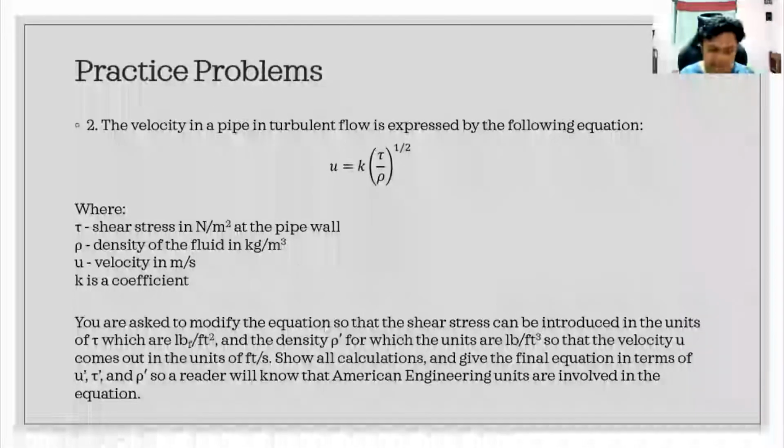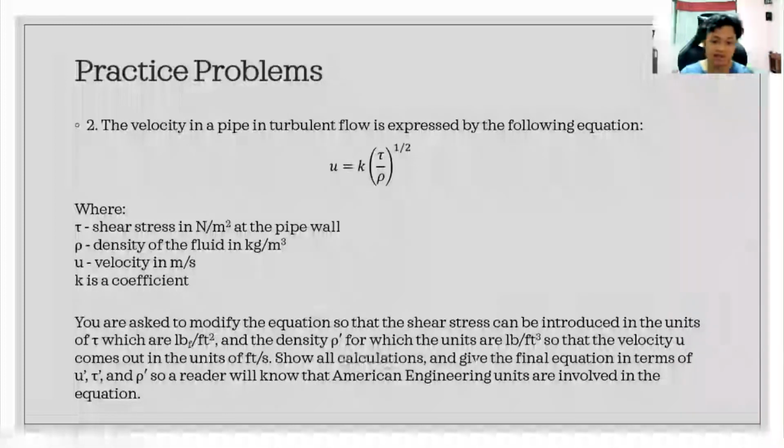the density rho prime, for which the units are pound. This is pound mass, guys. If it doesn't have a subscript, it automatically translates to pound mass per cubic feet, so that the velocity U comes out in the units of feet per second.